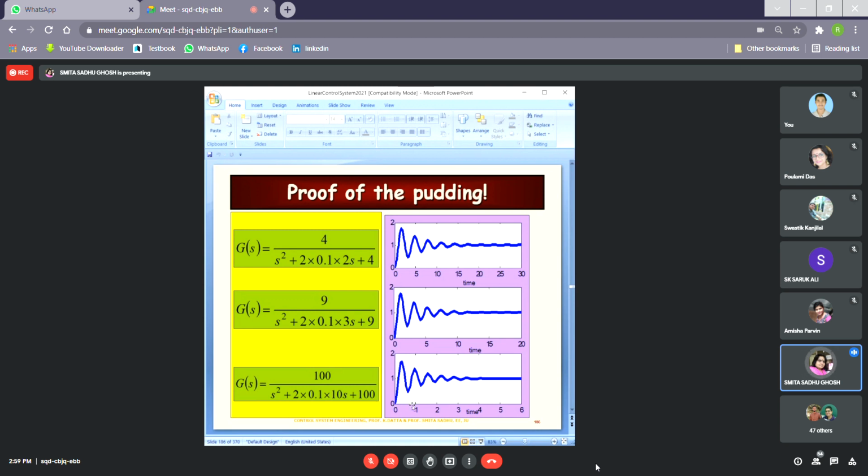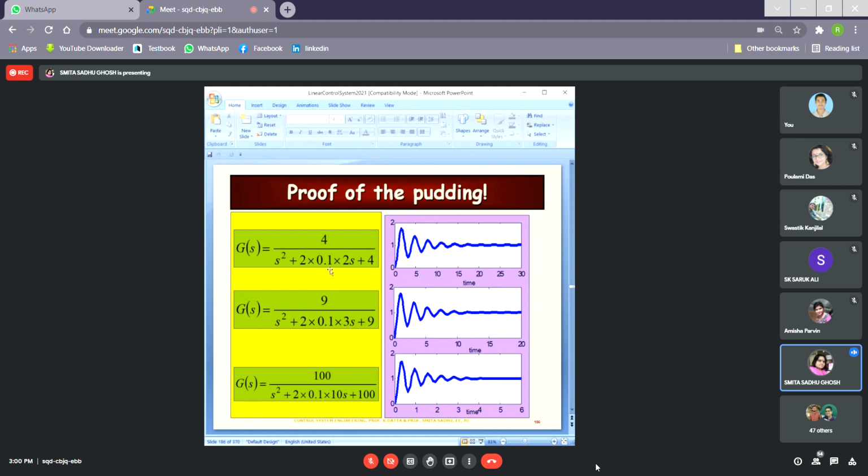For that reason, the time scale has to be different in the three cases. On the other hand, because the damping ratio is the same in the three cases, if somebody just erases out this portion, you would find that the three responses are very, very similar, arising out of the same damping ratio.